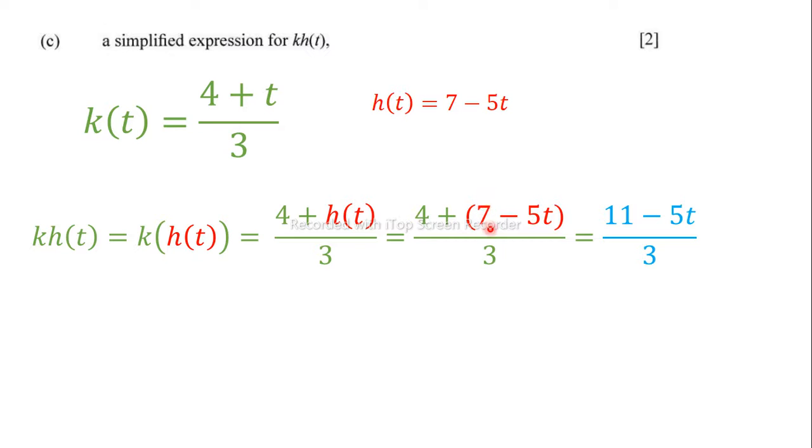Are they like terms? No, they're not like terms. So we can't add or subtract them. So we must only deal with what we can add. We can only add the 7 and the 4 because they are like terms. So that's why we do 7 plus 4 to give us 11.